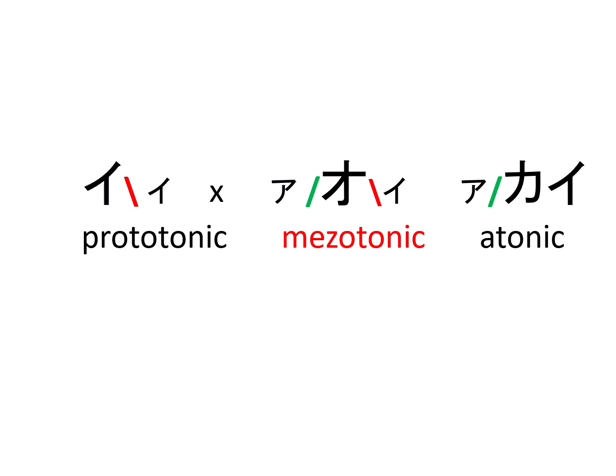The difference between the atonic akai and tonic aoi is much more clearly remarkable if we add another word after them, thus enlarging the phrase.